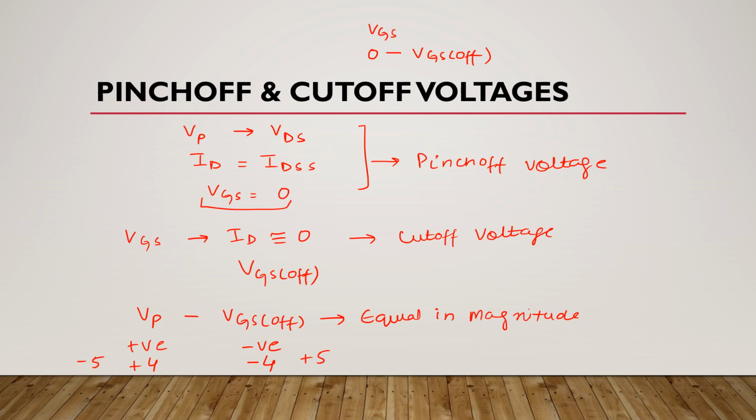It means for this range of gate to source voltages, drain current will vary from a maximum of IDSS to a minimum of almost 0. So this is the difference between pinch off and cutoff voltages.